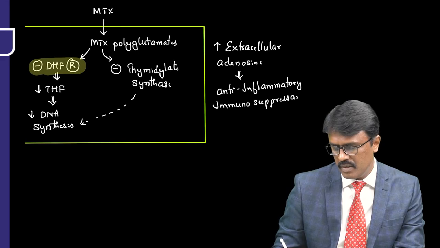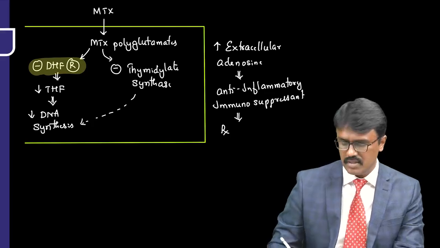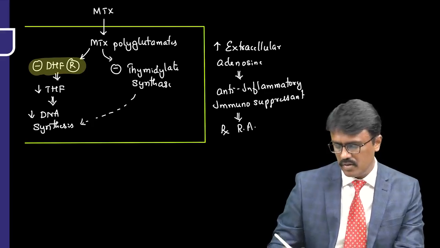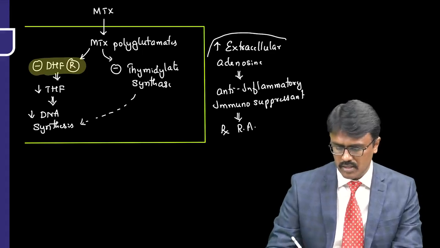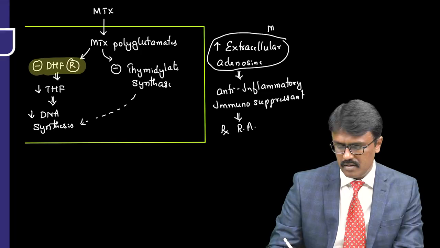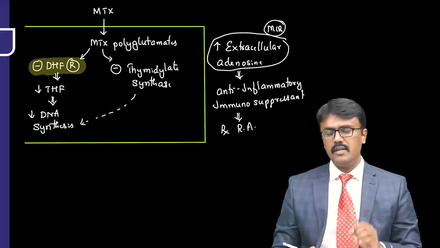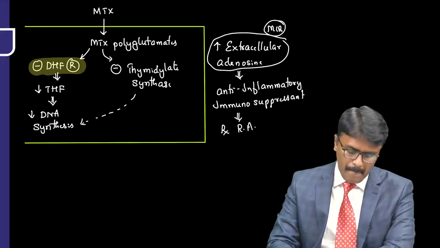Because of this increase in extracellular adenosine, it is used to treat a major autoimmune disorder. What is it? It is used for rheumatoid arthritis. This question was asked. So methotrexate can increase extracellular adenosine activity.